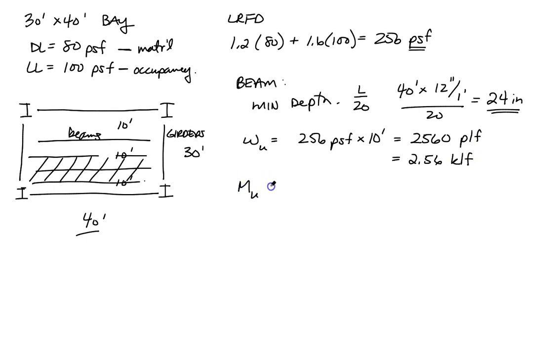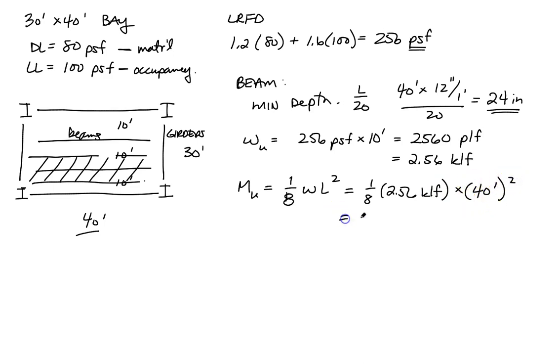The usable moment, the demand moment, back on page 16 again, we would end up with 1/8 WL squared, so WL squared over 8. Plug in our values: 1/8, 2.56 kips per lineal foot, times the length, which is 40 feet.